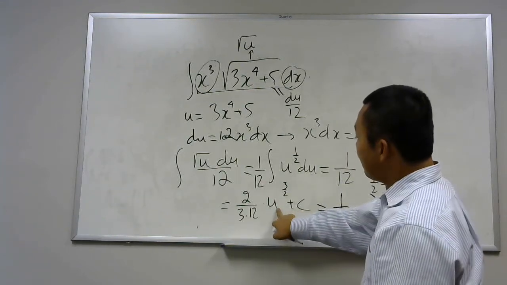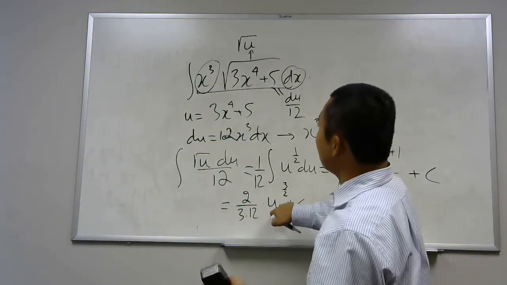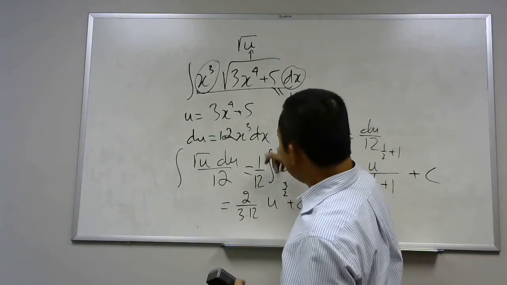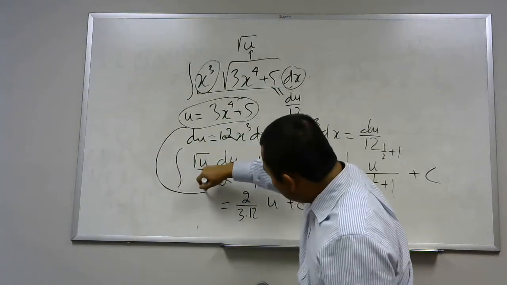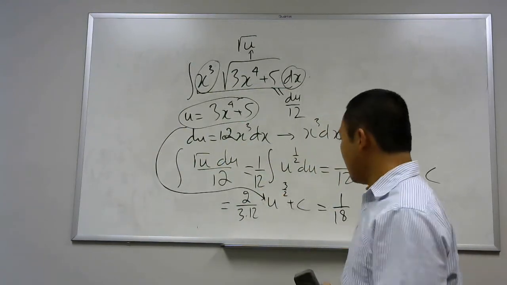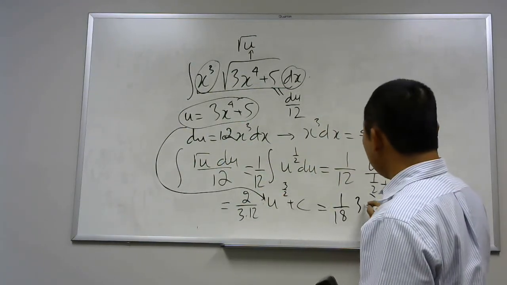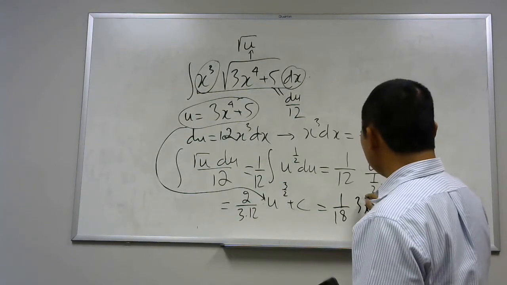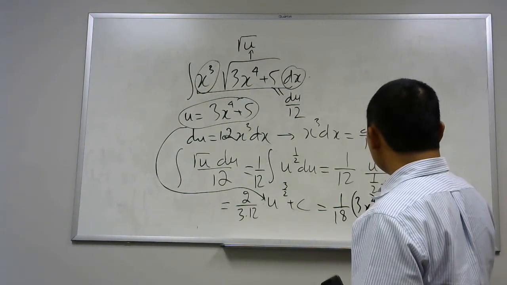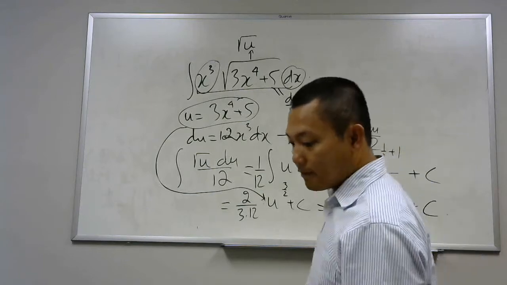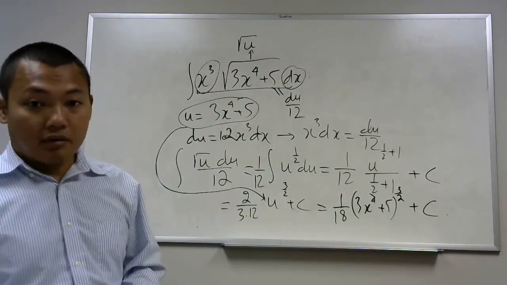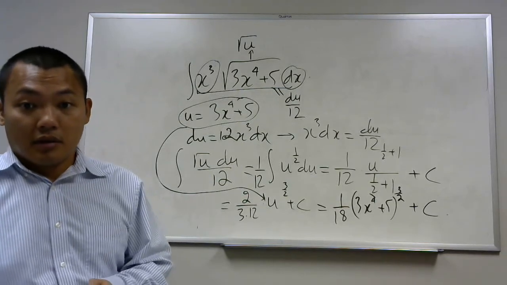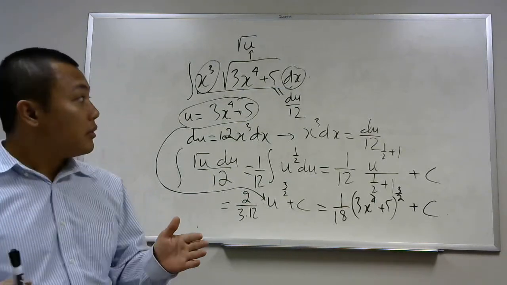So here we have u, right? But what we need is the answer in terms of x. So I have to substitute this back here. So finally I will get 1 over 18 times (3x to the 4 plus 5) to the 3 over 2, plus C. That's how we evaluate an integral by using substitution.